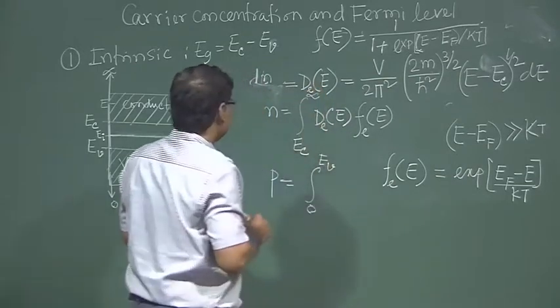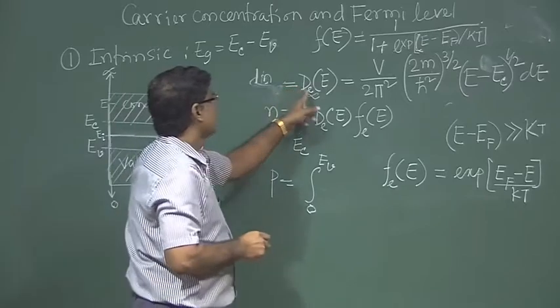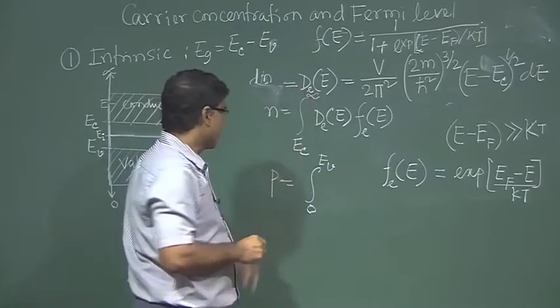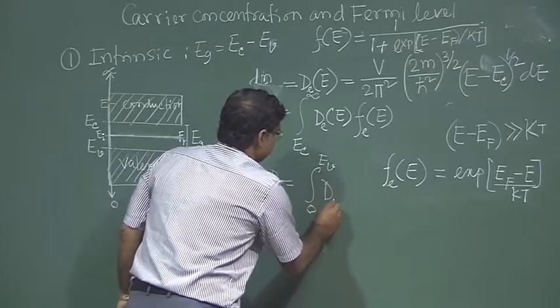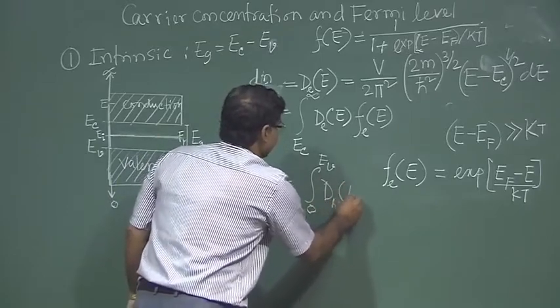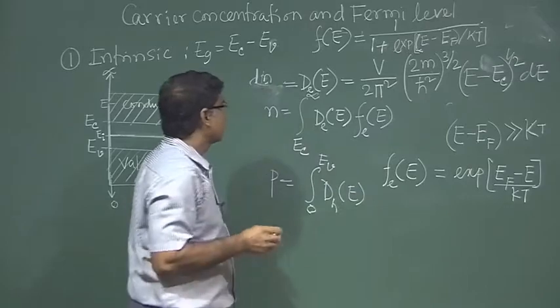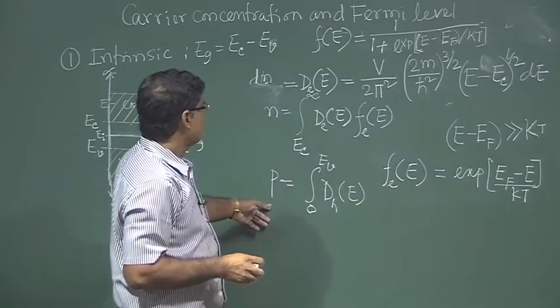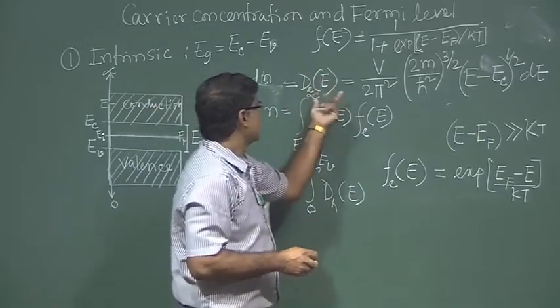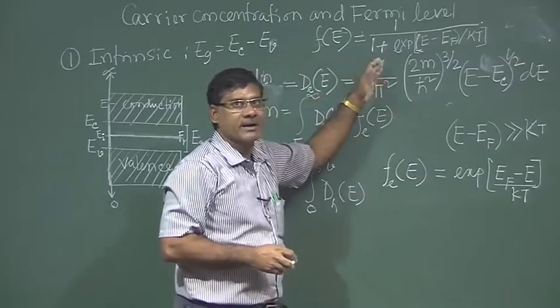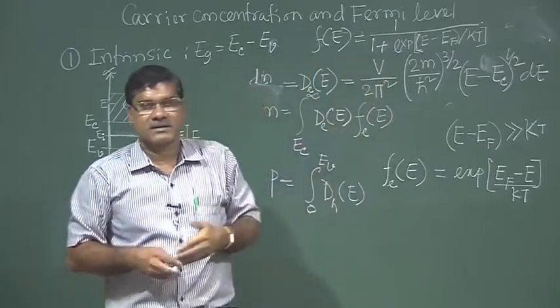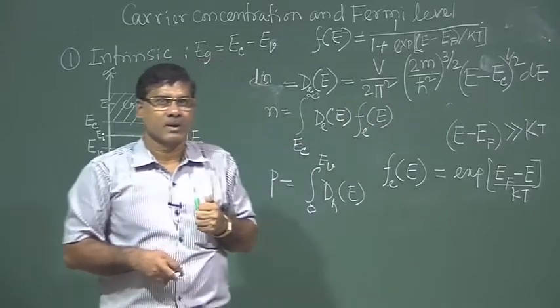Similarly for holes, if I write dH as a function of E, then what will it be? Density of states means states per unit energy.